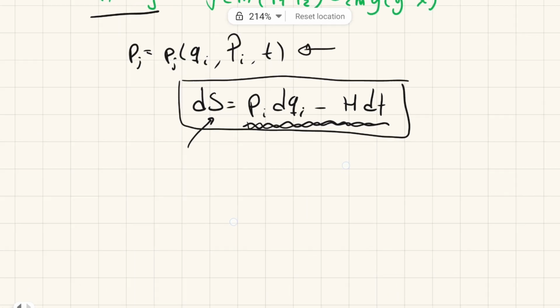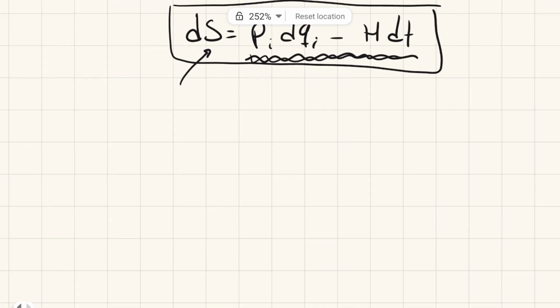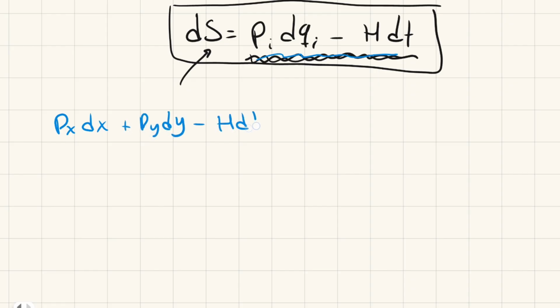Okay, so in the xy coordinates, we could say that this element can be written as px dx plus py dy minus h dt.